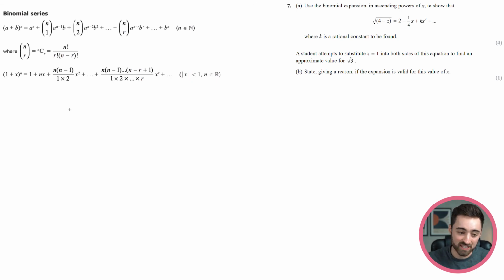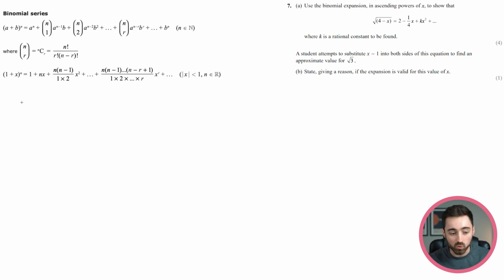So this one on the bottom is for any real value of n. So if I have a binomial expansion where the power is not a nice positive integer, but instead it's, I don't know, minus 6, 1/2, e, then we have to use this bottom one.